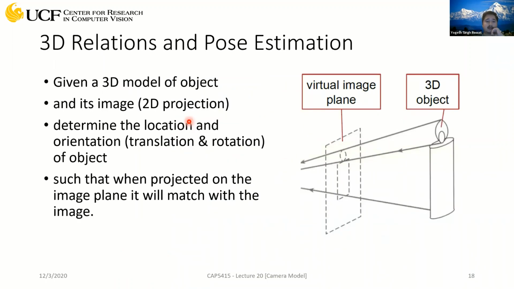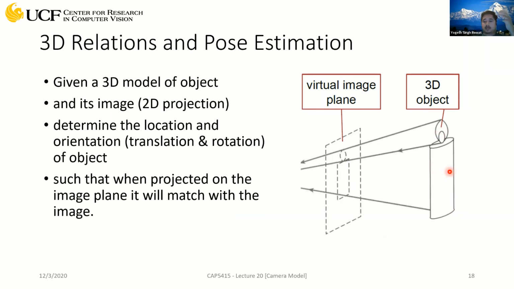Okay, so the idea is, if you have a 3D model of an object, so your object's in the 3D world, right? What you want to do is, if you have the image, which is the 2D projection on this image plane, we have to determine the location and orientation of the object.